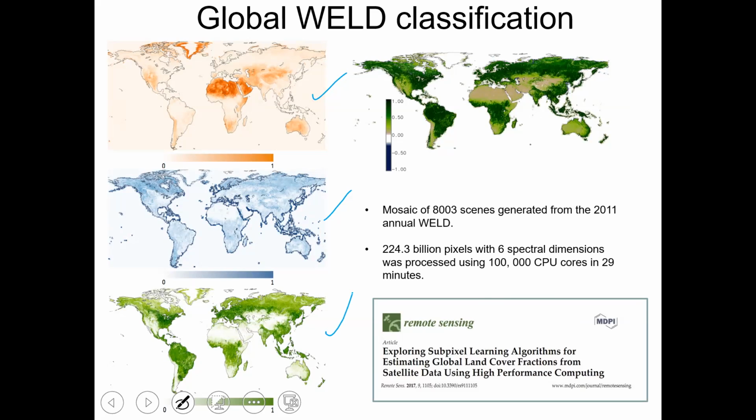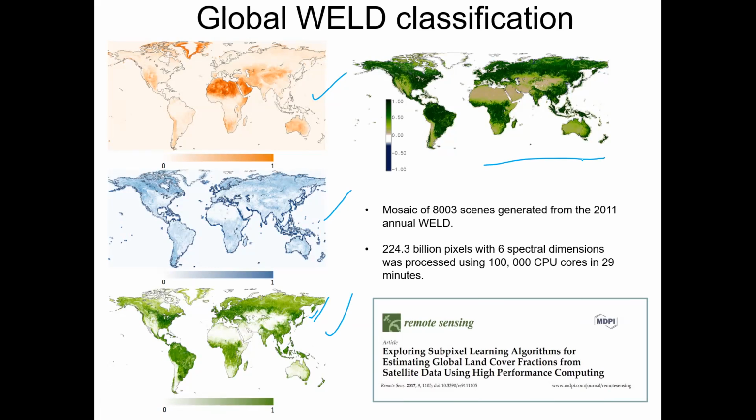And if you look at the figure here, it represents the distribution of global vegetation cover. And this particular figure is called NDVI, Normalized Difference Vegetation Index, generated from the same data.